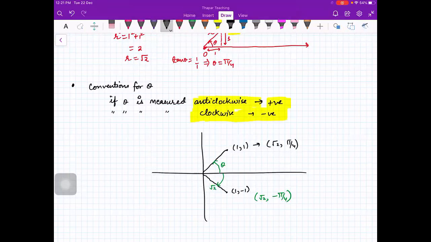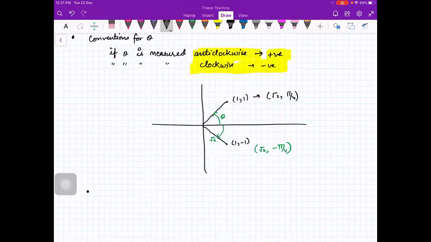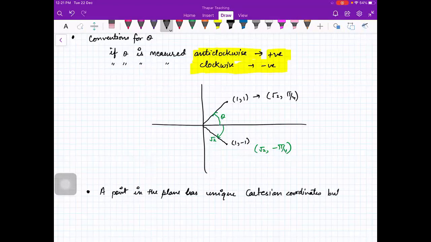Now let us see the next thing: a point in the plane has unique Cartesian coordinates, but it has infinite polar coordinates.